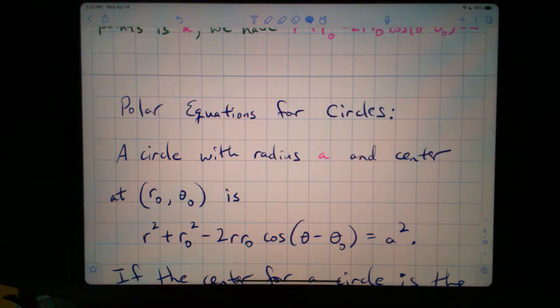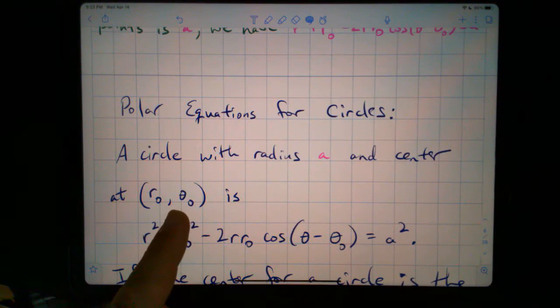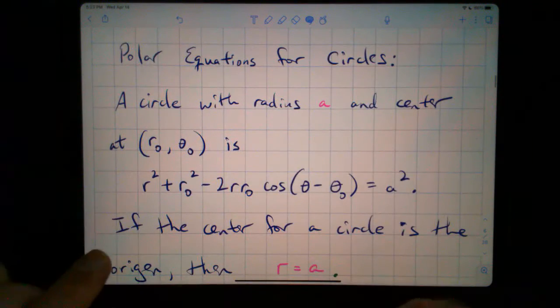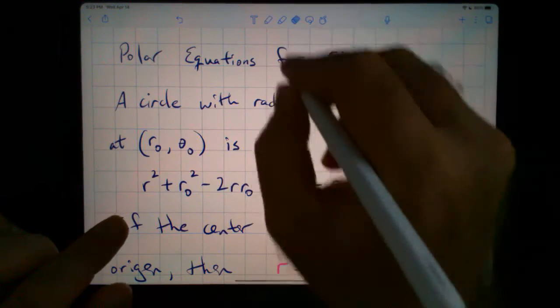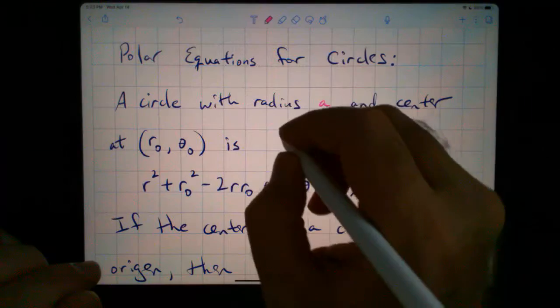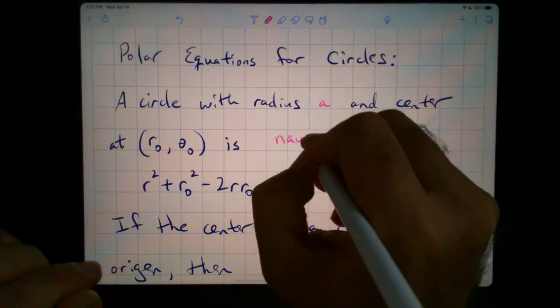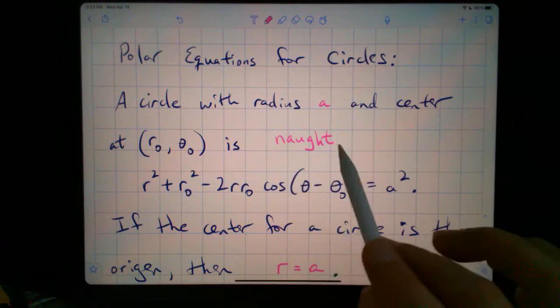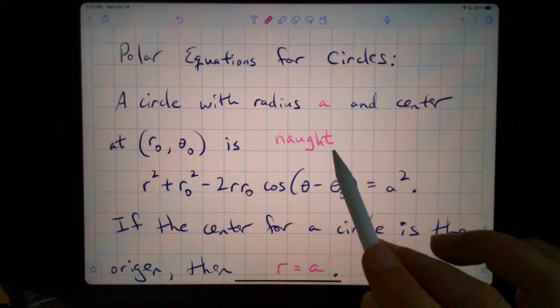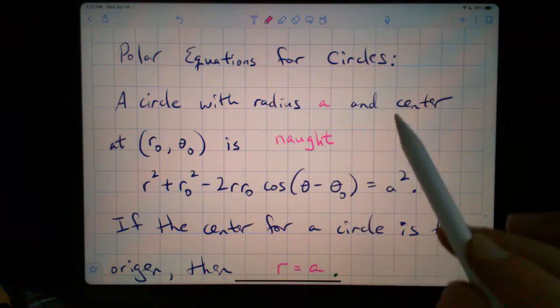Polar equations for circles. A circle with a radius a and center at (r naught, theta naught). This is the word I'm saying, naught: N-A-U-G-H-T. (r naught, theta naught).